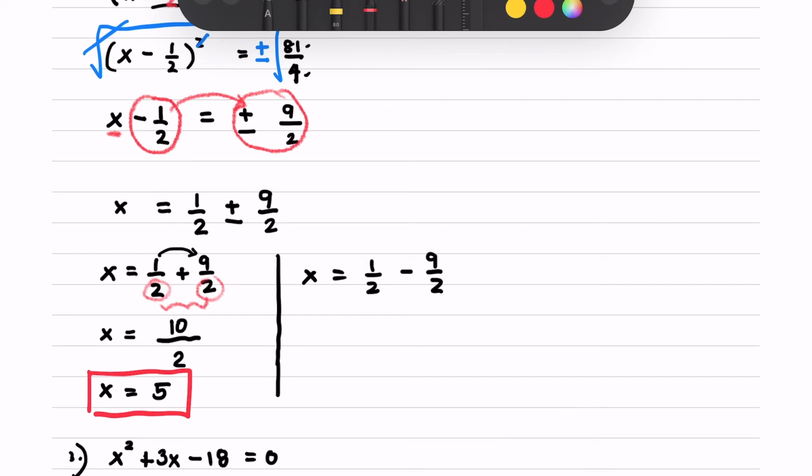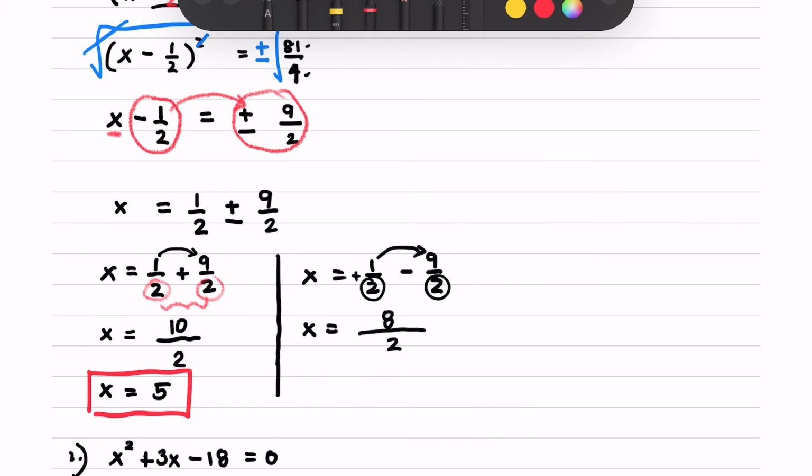Next is, dun tayo sa other side, x equals, so, since magkaibang sign itong dalawa, ito ay positive, at ito ay negative. So, sasubtract lang natin. Subtraction pa rin yan. So, copy lang natin yung denominator na 2. And then, we're going to subtract yung numerator. So, 1 at saka 9, subtract mo, we have 8.